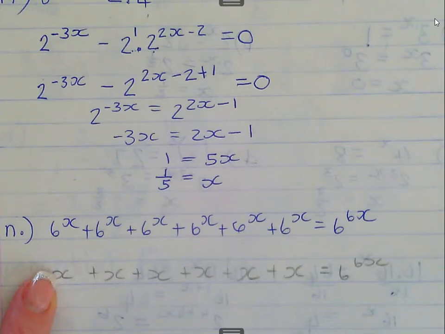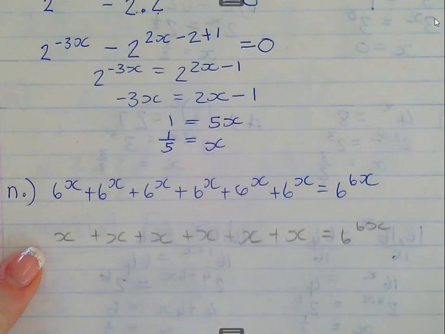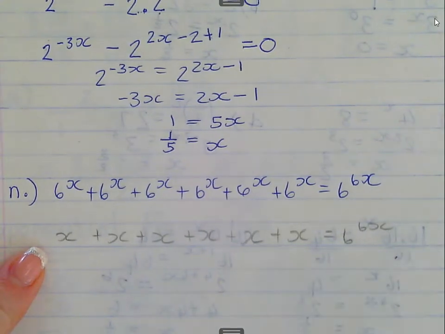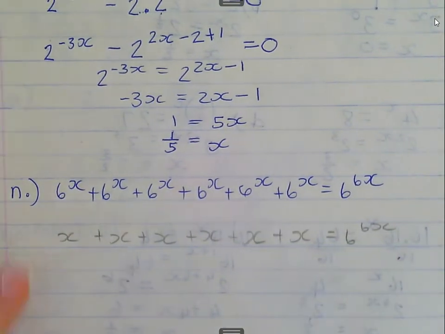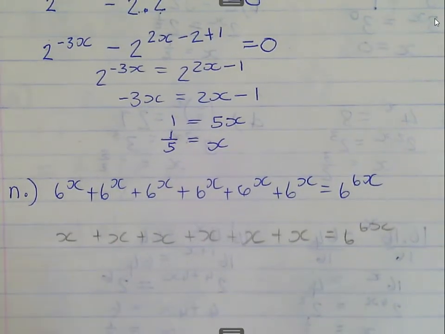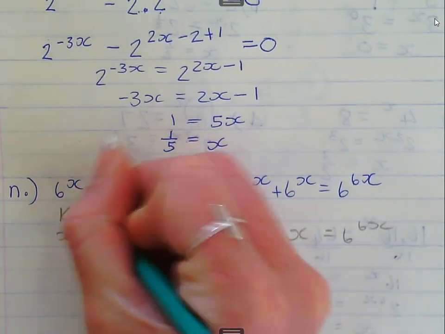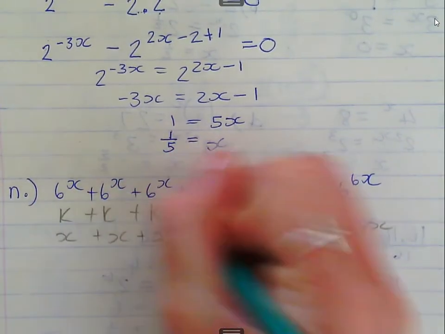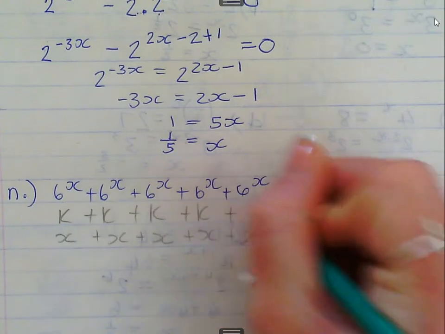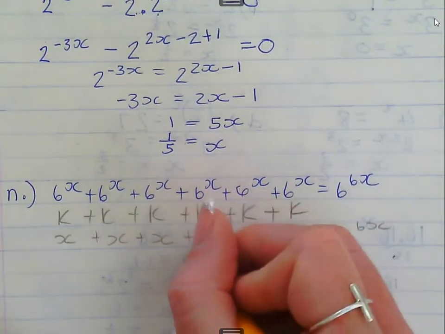Okay? Now we have a method, we call it the K method, where I substitute any variable inside of a gogga. Now this thing is a gogga at this stage, a gogga that repeats. So if I were to write this as k plus k plus k plus k plus k plus k, do you all agree we'd end up with 6k?